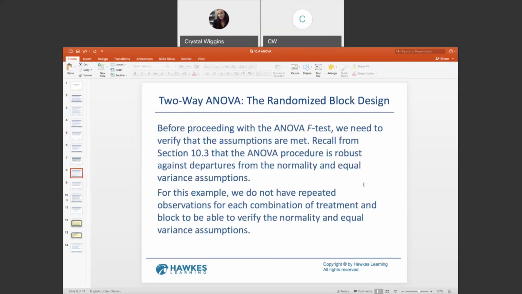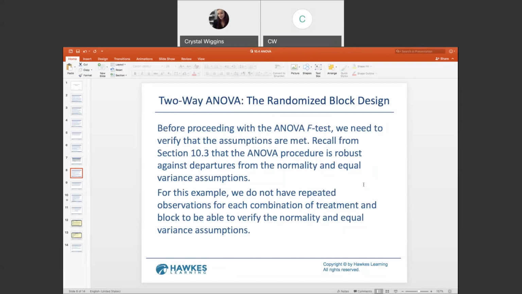So before proceeding with the Anova F test, we need to verify the assumptions are met. If we recall from last week, section 10.3, the Anova procedure is robust against departures from the normality and equal variances assumption. For this particular example, though, we do not have repeated observations for each combination of treatment. We only have one for each treatment in each block.